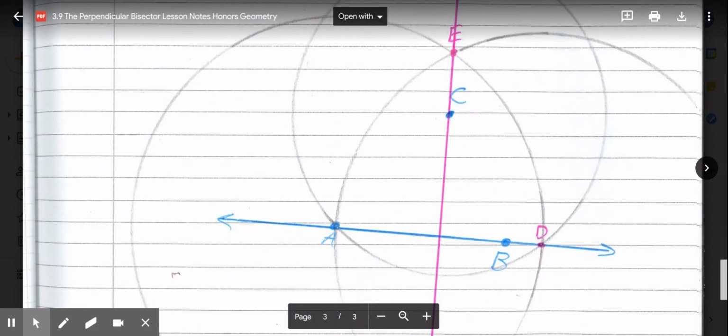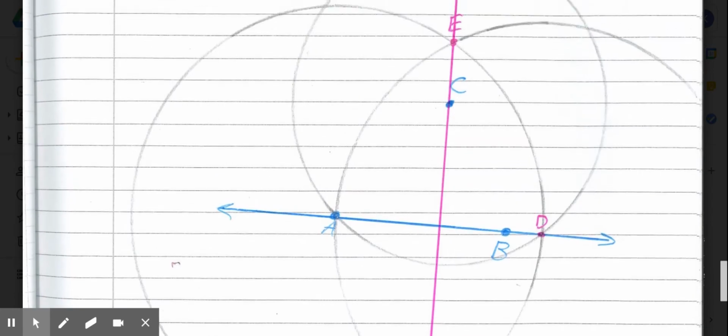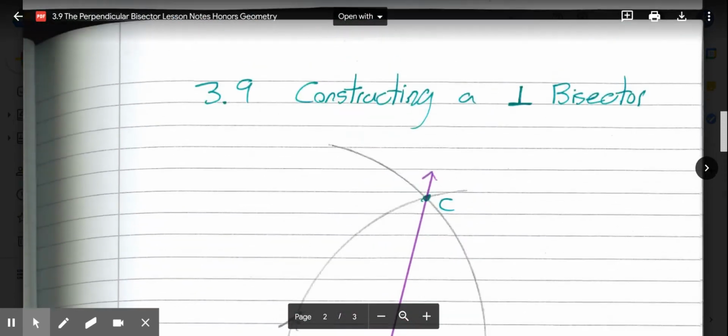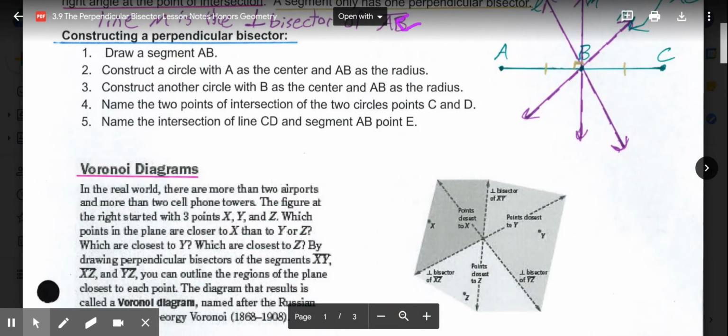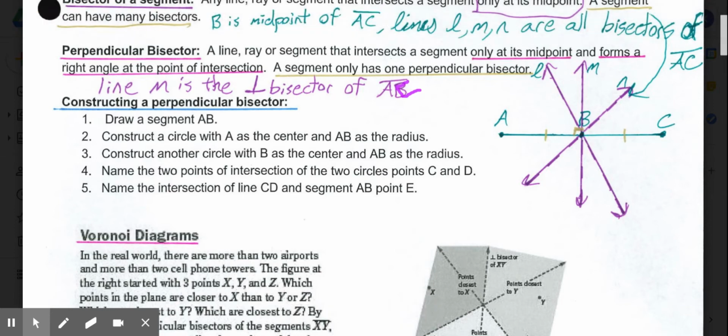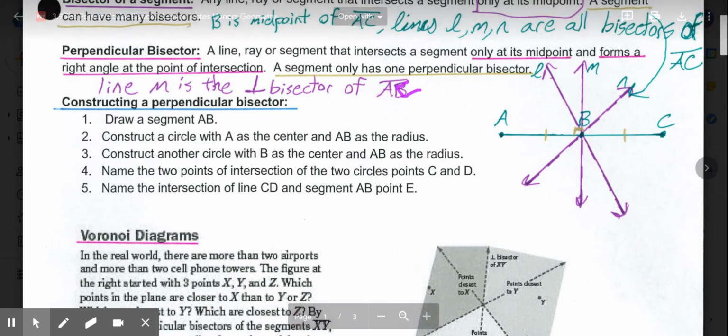That diagram down here shows you how to create that. Again, I'll create a second video walking you through step by step how to do these two different constructions. But before you watch that video, if you want to try one on your own and see how it turns out, there are step-by-step directions in the book, which are also similar to these 5.